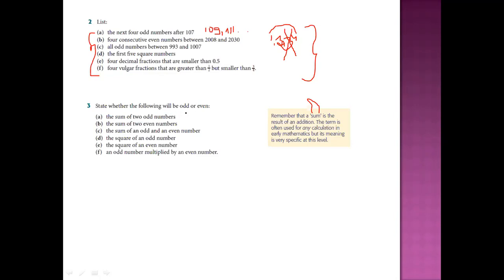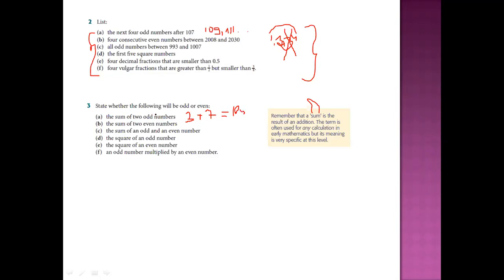For example, 2 is an even number, not odd. We need odd numbers. So 3 is an odd number, plus 7, for example, which is also odd. What is the sum of these 2 odd numbers? 10. And what type is 10? Exactly, even.